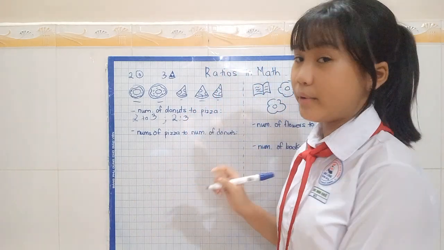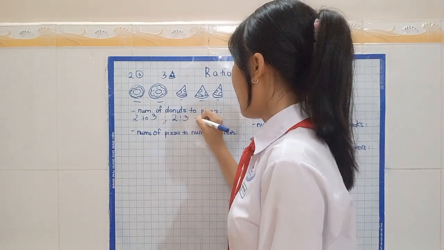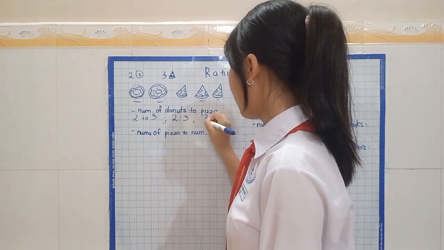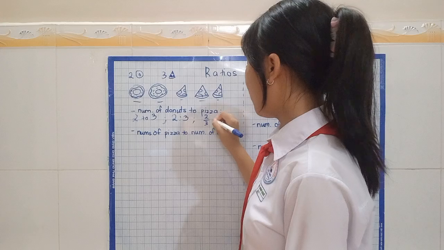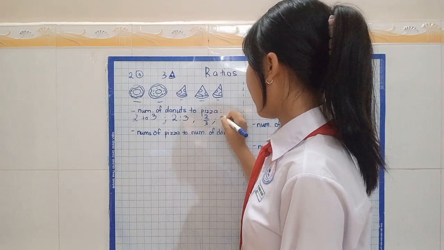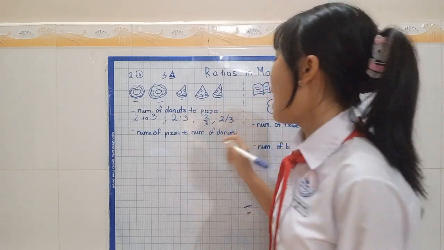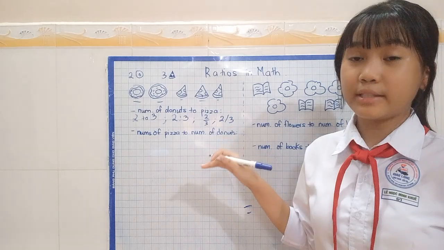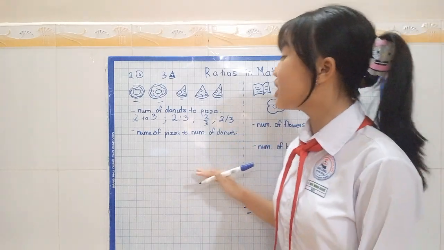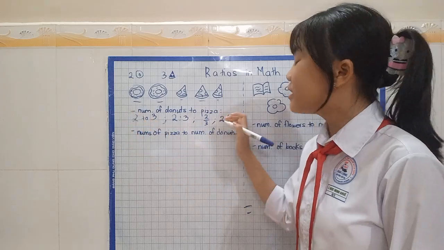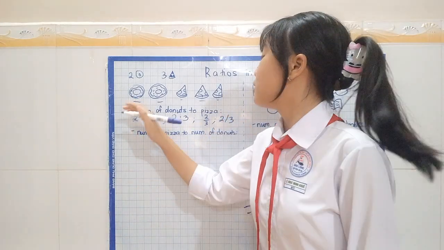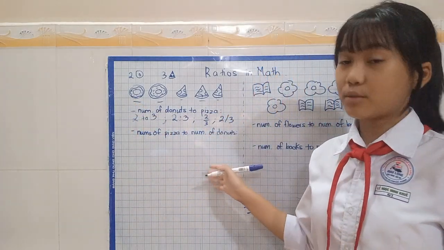One other way that we could do this is by 2 to 3. So we could draw it in a fraction, or we could draw it like this. And all of them are the ways to represent the ratio of the number of donuts to the number of pizza. And all these 4 ways are read as 2 to 3. So that is one way.